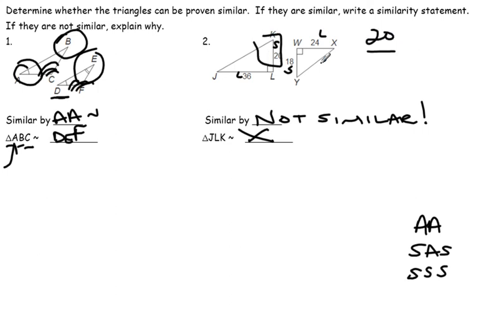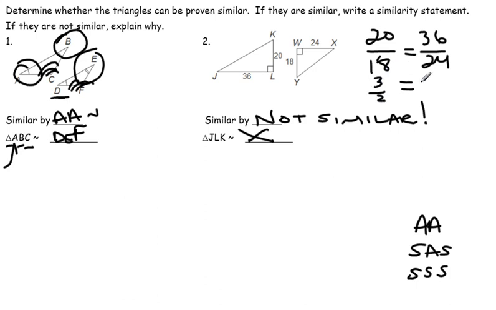So if I set up small 20 over small 18, that should equal large 36 over large 24. I type 20 divided by 18 in my calculator and I press math enter and I get 10/9. 36 divided by 24 in my calculator, press math enter and I get 3/2. Well, clearly 10/9 does not equal 3/2, so these triangles are not similar. That means that you will not have a similarity statement.